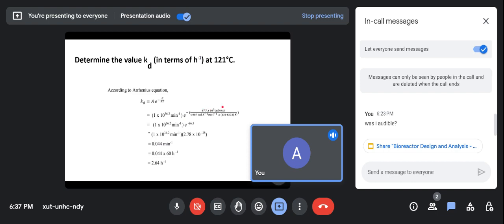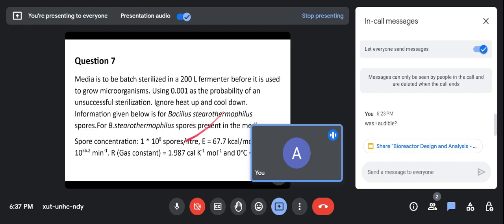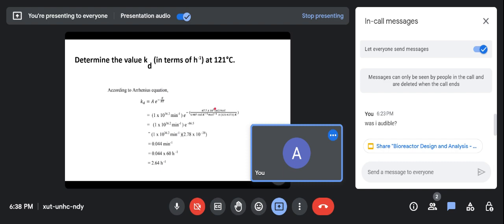Then capital E is 67.7 into 10 to the power 3, because here it's given to you in kilocalories, so you have to convert that kcal to cal. So you have a conversion factor of 10 to the power 3, and you divide this by R, which is 1.97 into the temperature. So at 121 degrees, the conversion is 121 plus 273 to get it in Kelvin.